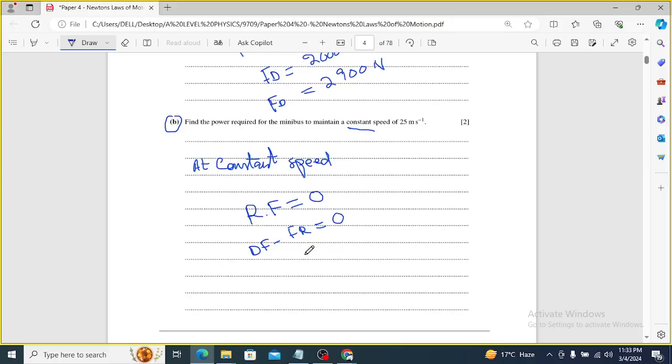So driving force is also 900. I want to get my power. So my power formula is driving force multiplied by velocity. The driving force is 900 multiplied by velocity, and velocity is 25.